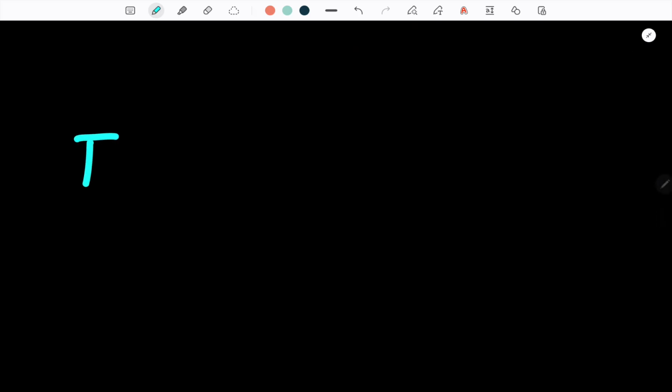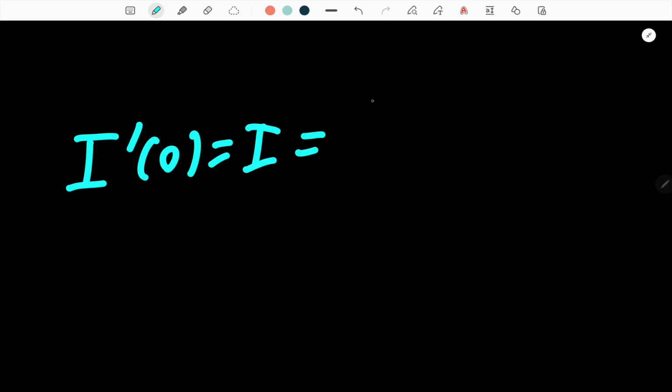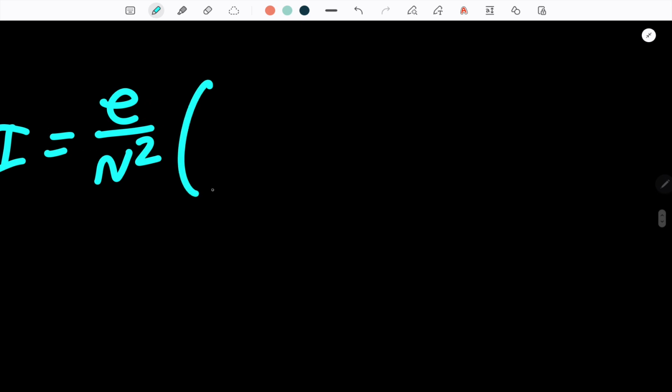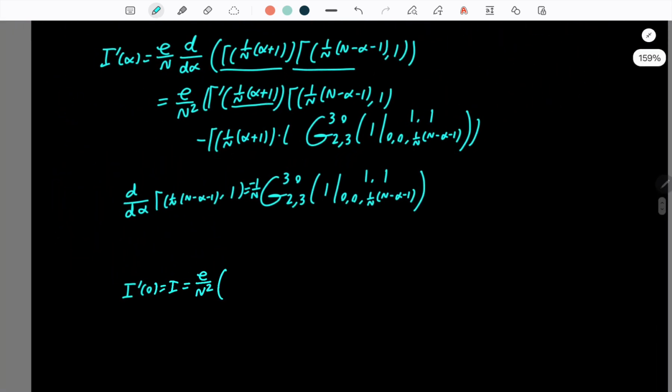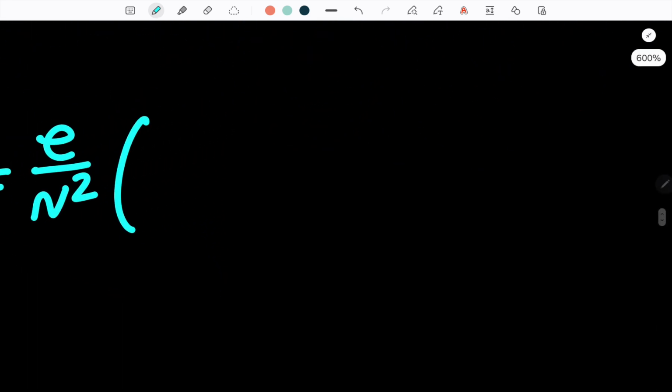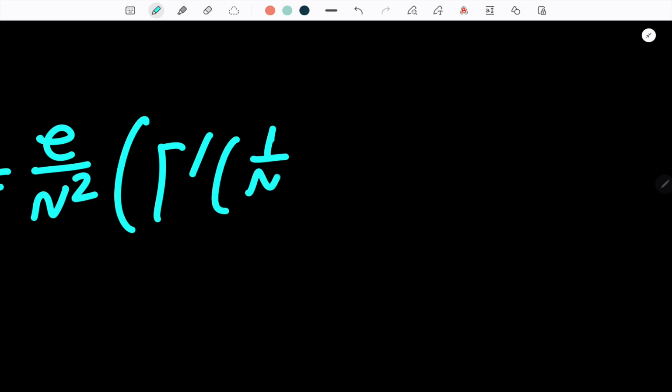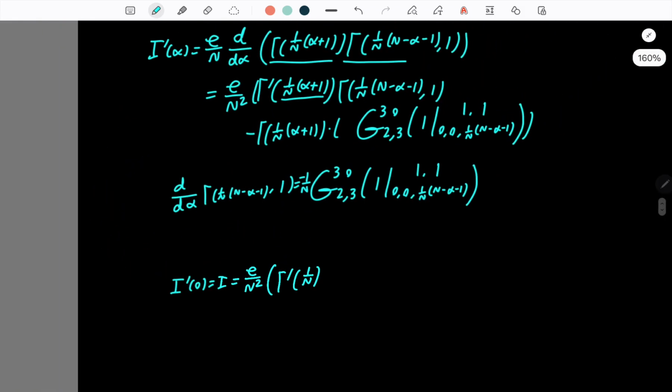So, I prime of 0, which is then equal to I, is equal to e divided by n squared times gamma prime of 1 over n, right? Yes.